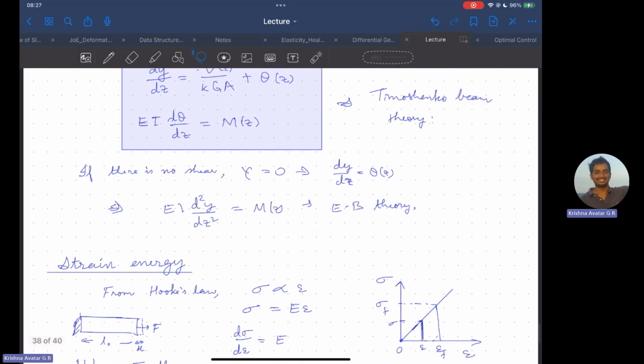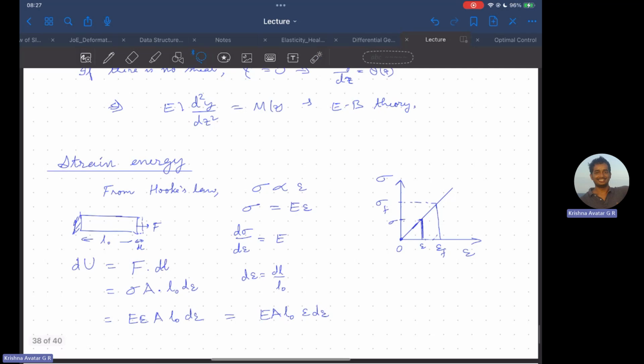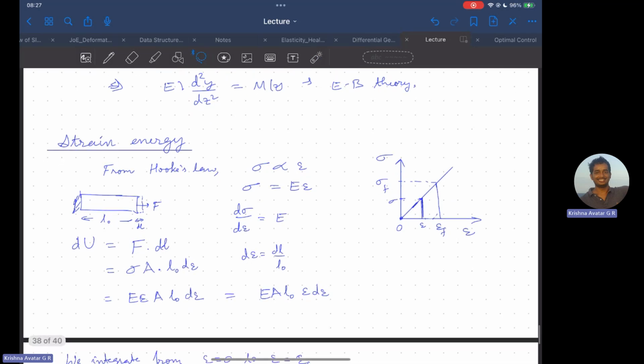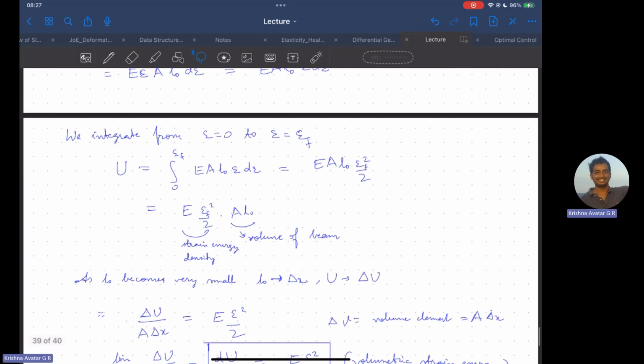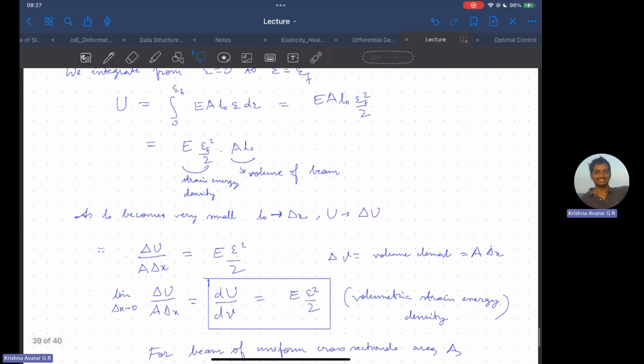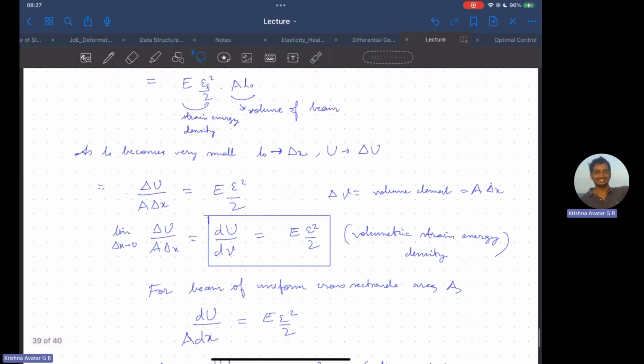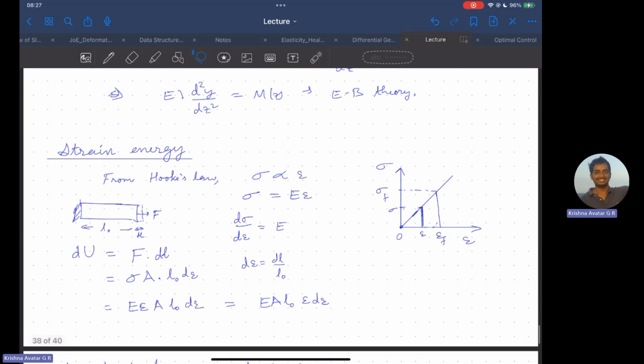Then we went on to discuss some fundamentals of strain energy, and this we are going to use quite a lot for both the Kirchhoff and Cosserat theories. So we showed that we are able to define a volumetric strain energy density, which is E epsilon squared by 2 for a body undergoing extensional load.